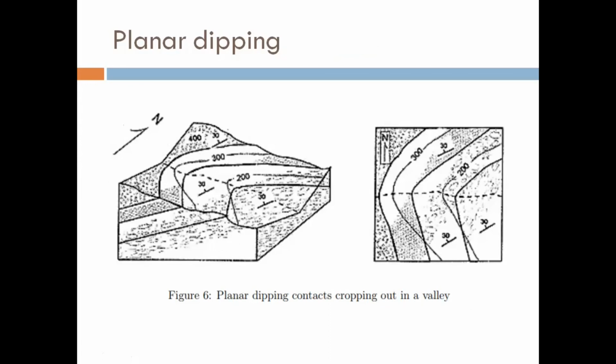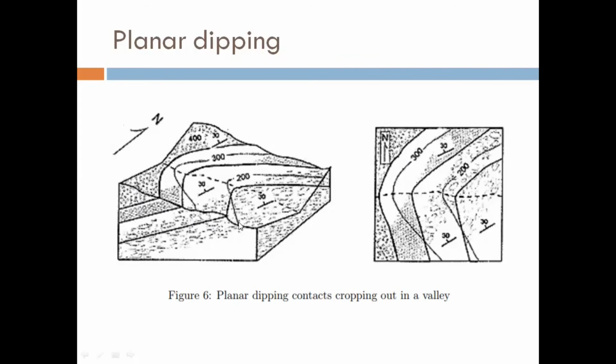Similarly, we again have a planar dipping feature, and this is a block diagram, and you can see that there is a strata that is dipping towards west, and you can see the strata pattern on the map as well.